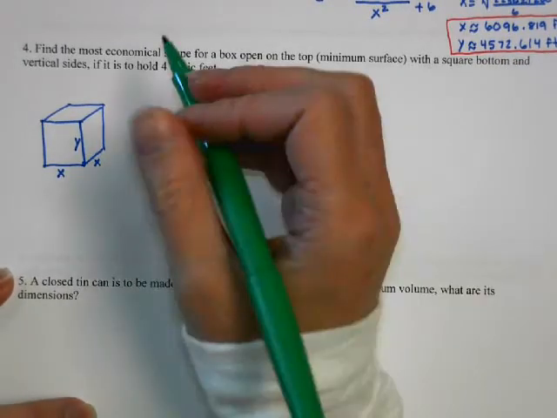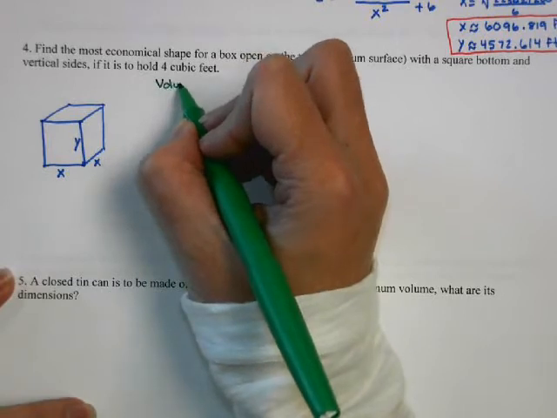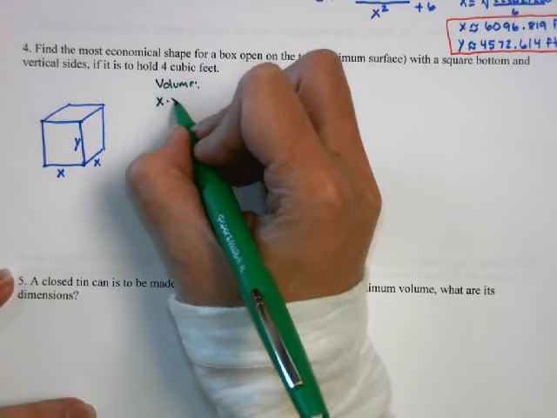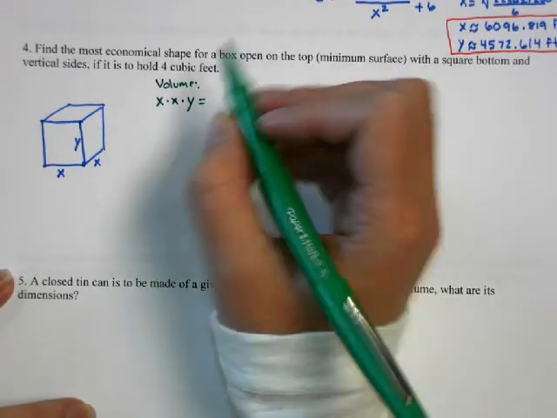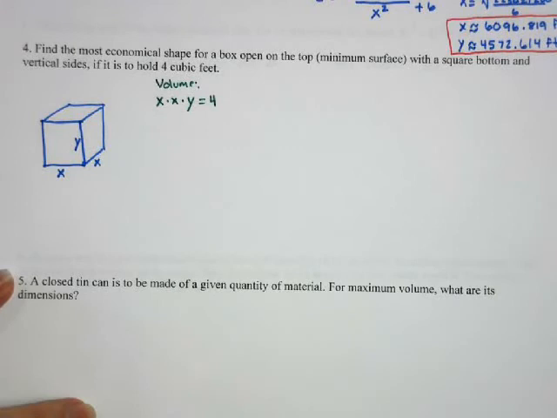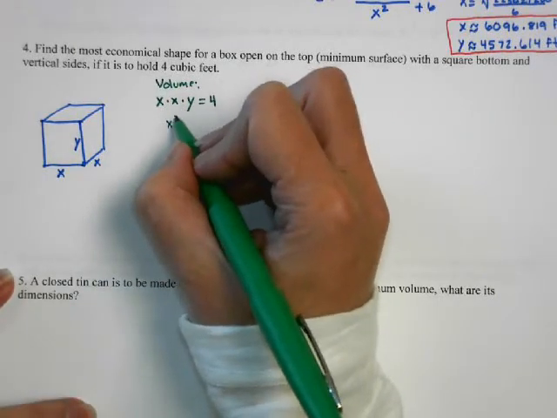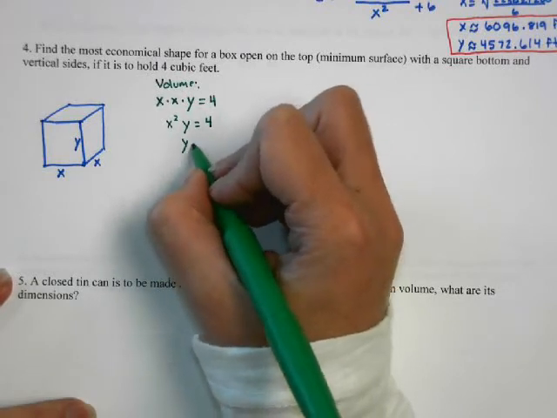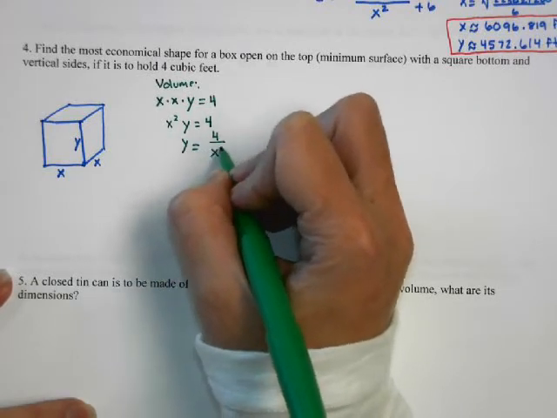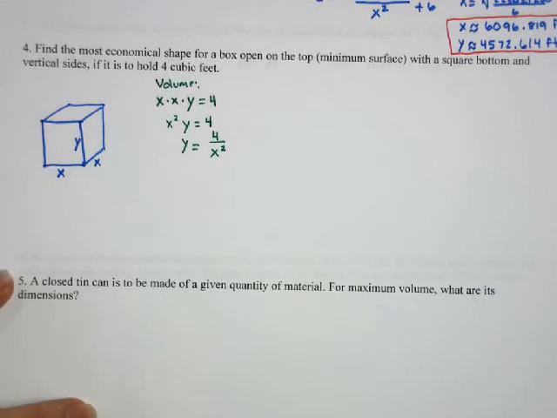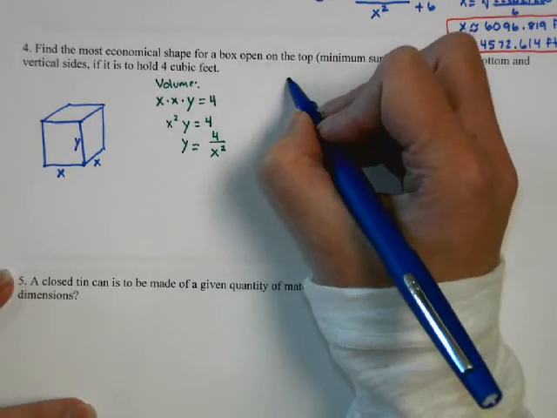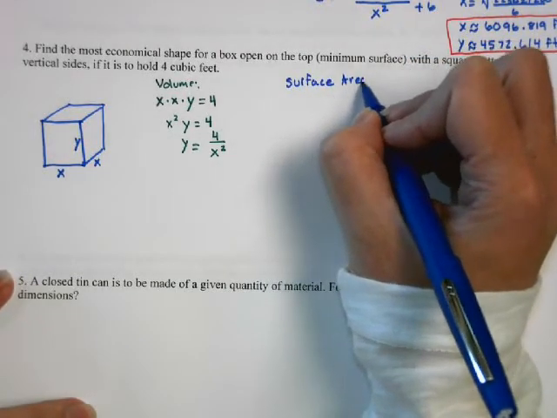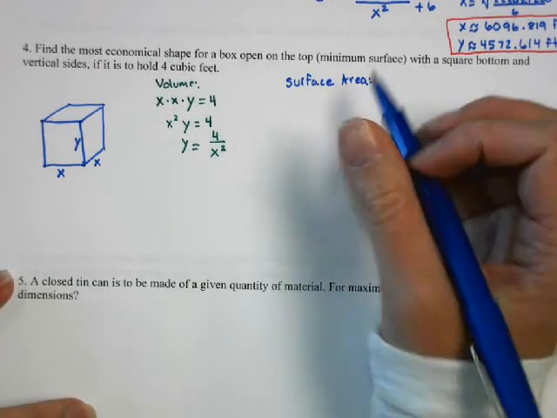So the thing we know is the volume. So the volume, x times x times y, is going to equal 4 cubic feet. So x squared y equals 4. So y is equal to 4 over x squared. We are trying to minimize the surface area, so we need to write an equation for that.